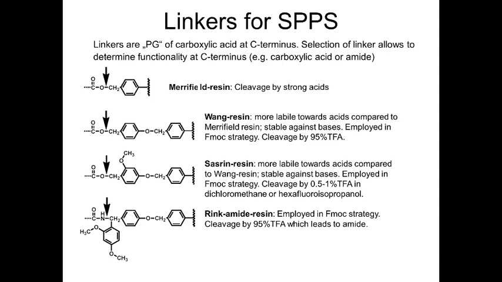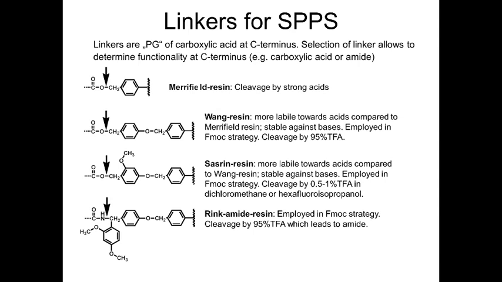Again, this linker is stable against bases. It's employed again in the Fmoc strategy, and now you don't need 95% TFA as in the Wang resin, but you can cleave your material from the resin with just a 0.5 to 1% TFA solution.